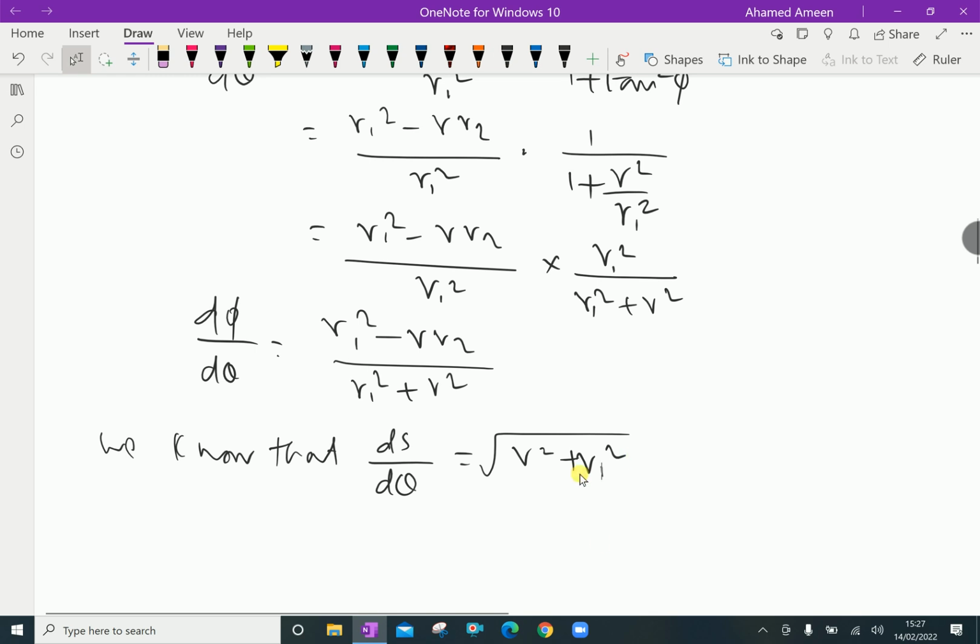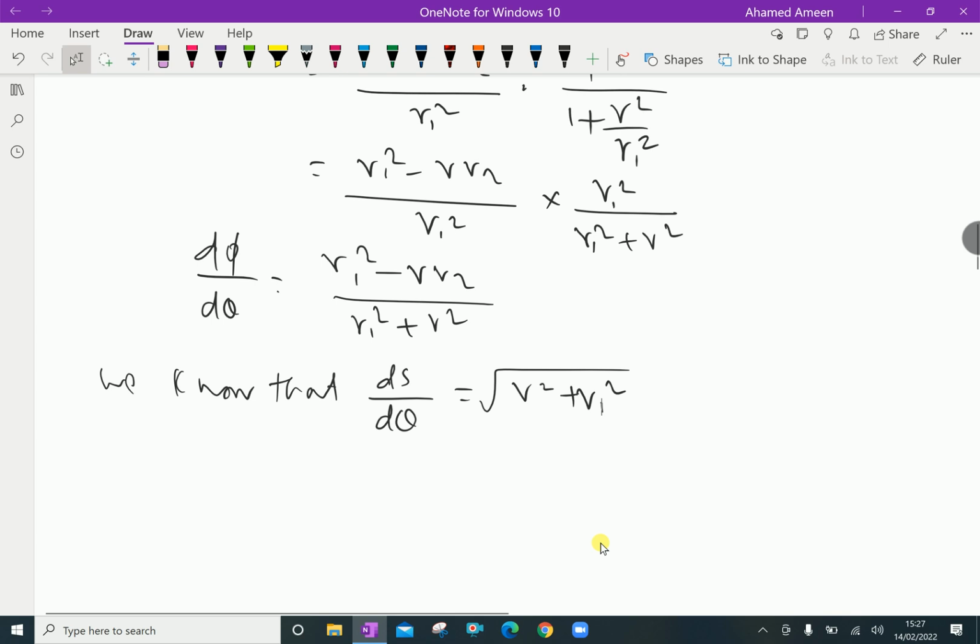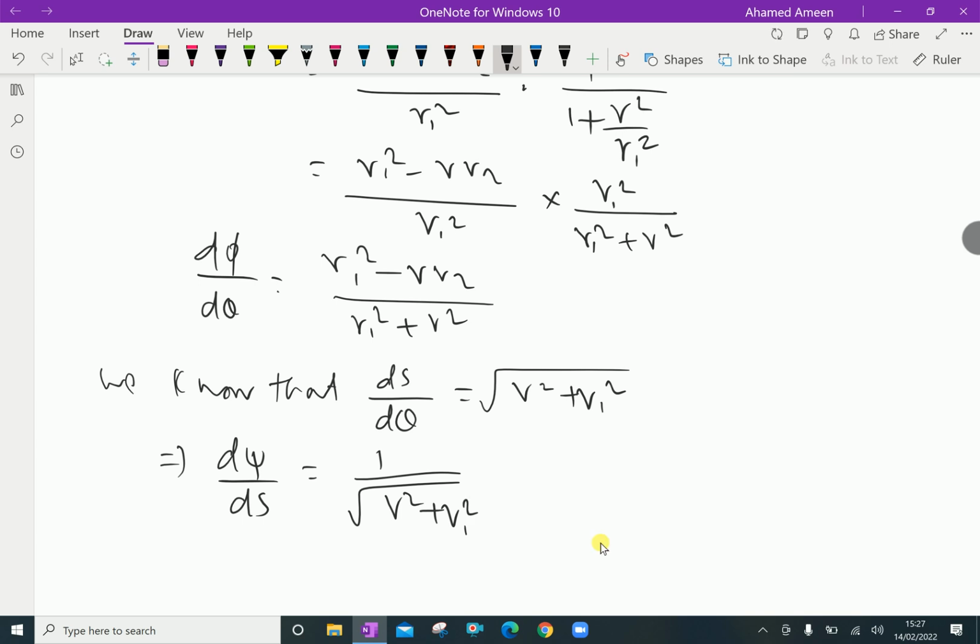So now we get d psi over ds equal to 1 over the square root of r squared plus r1 squared, into 1 plus (r1 squared minus r r2) over (r1 squared plus r squared). That means we are getting this.